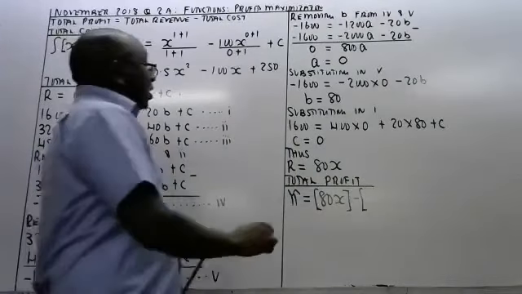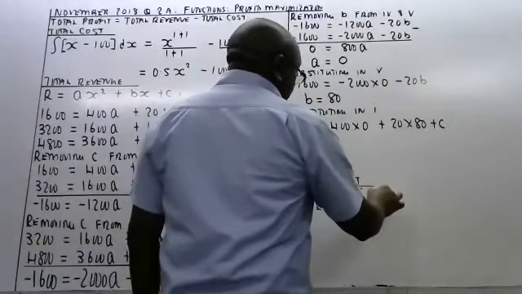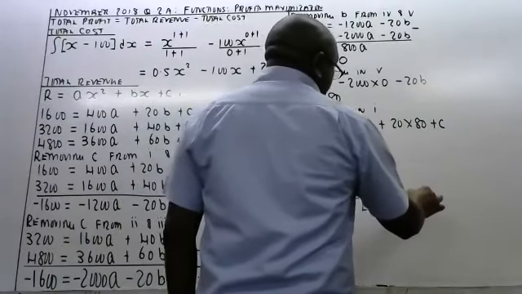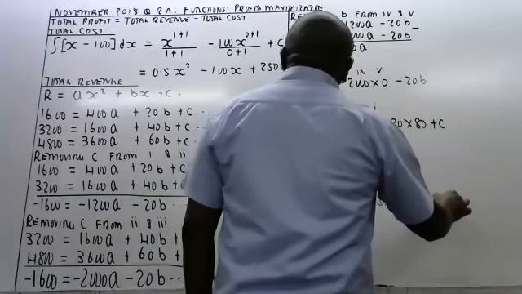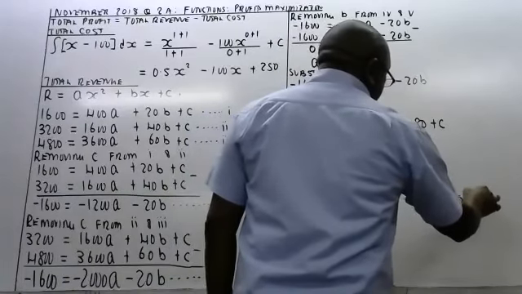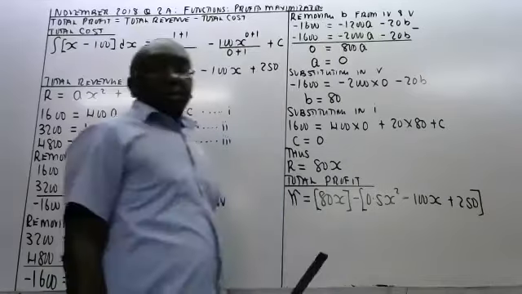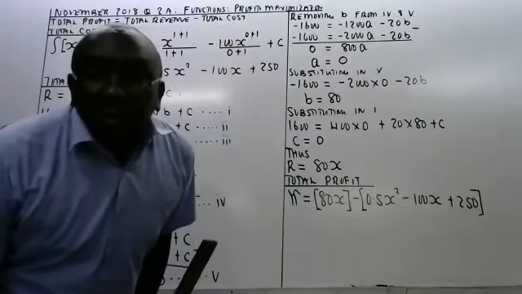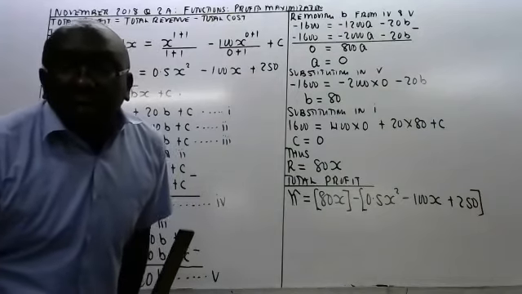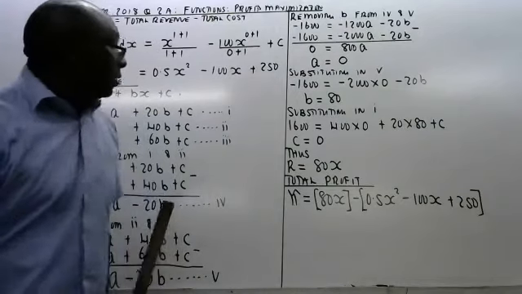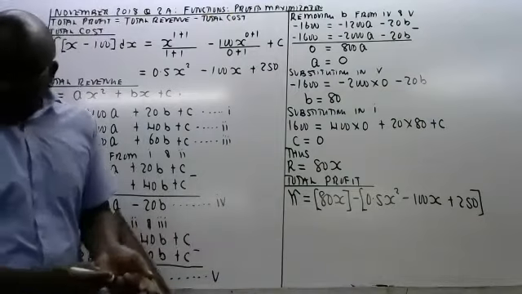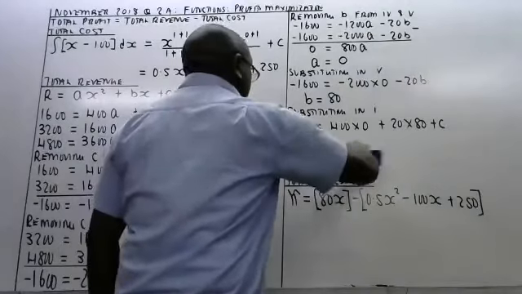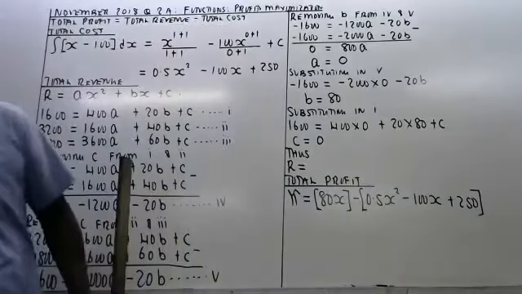Total cost we had gotten 0.5x squared minus 100x plus 250, not x squared. Maybe let me write how it should have been here so that no one is confused.